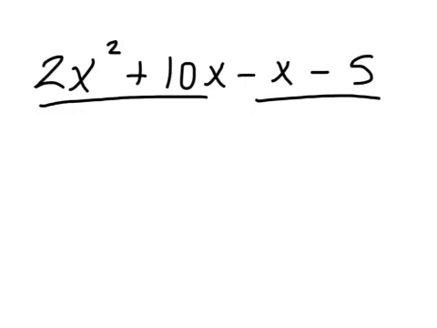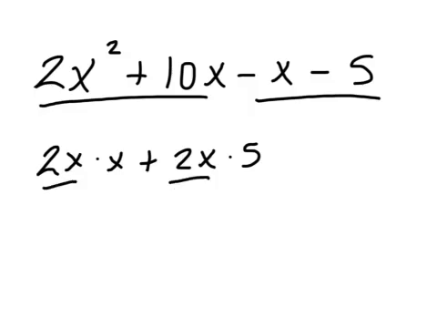First pair and the second pair. So notice that 2x squared is 2x times x, and then 10x is 2x times 5. So this looks like the distributive property, right? That we talked about on the first page.